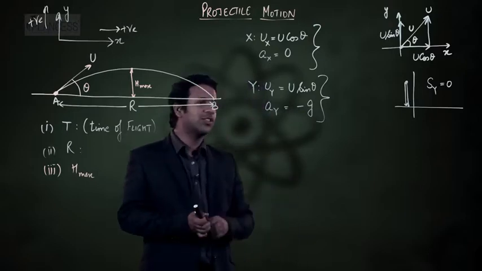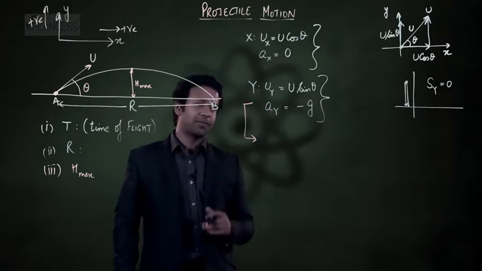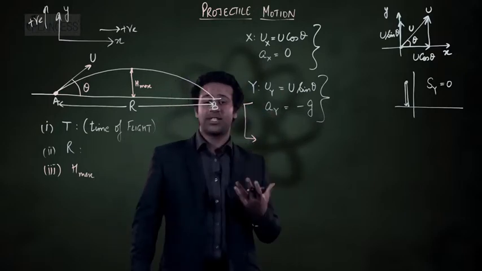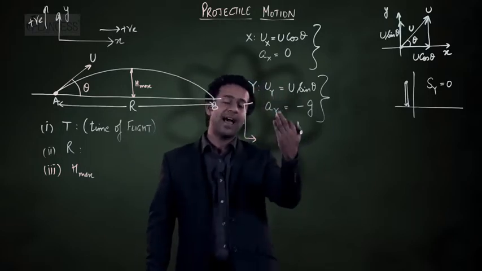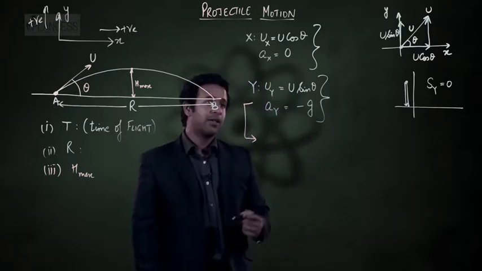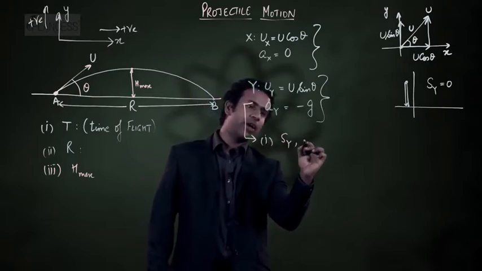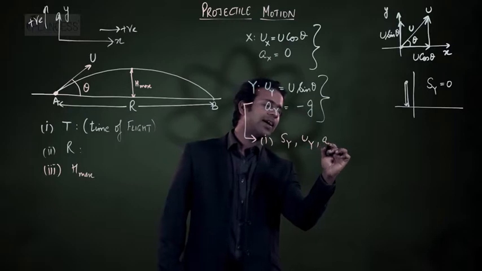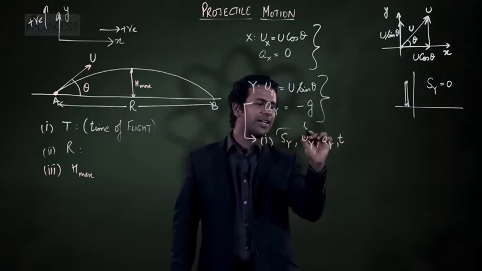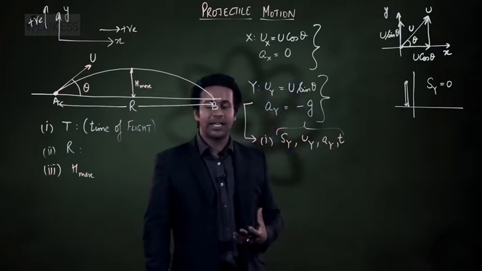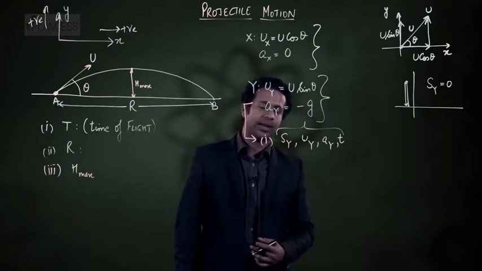So let's use this fact for the first part for the y axis, right? So let's use the second equation, of course, because we have initial speed, acceleration and displacement. So we know for the first part, we know Sy, we already know Uy, Ay and T is to be found. So looking at this set of variables, you can obviously conclude that we should use the second equation of motion, right?